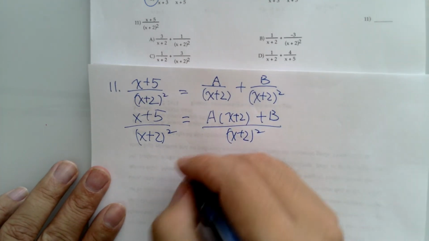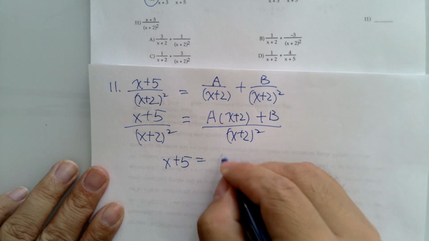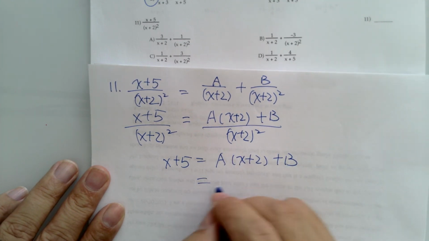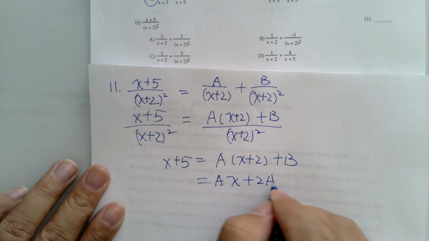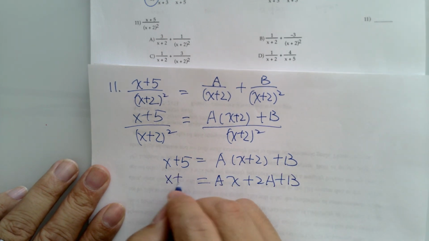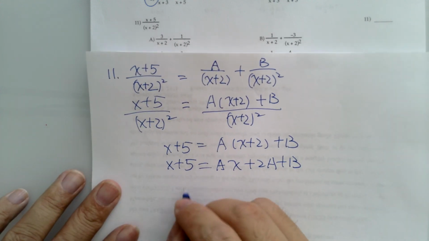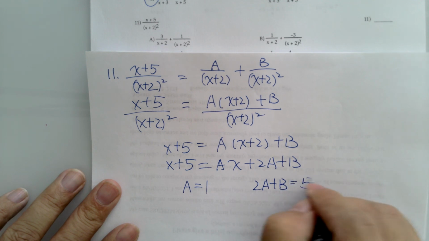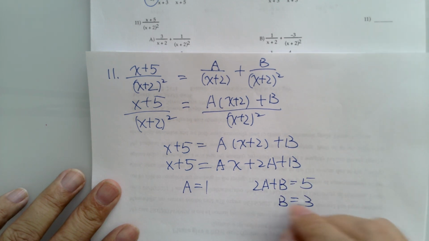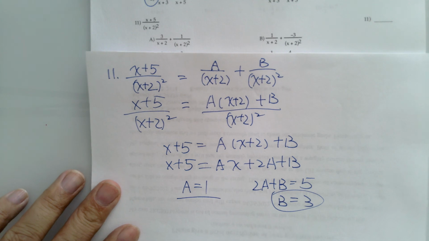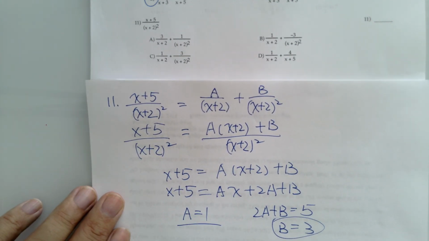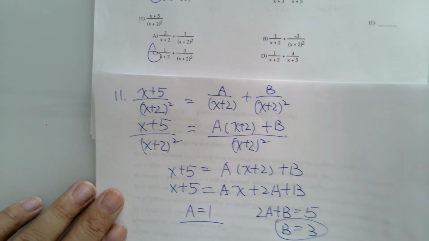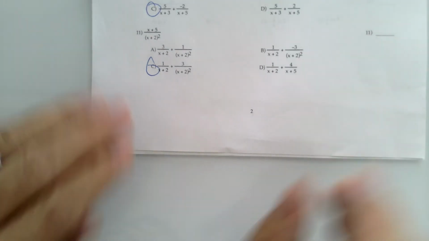Hence, x plus 5 equals A times (x plus 2) plus B. That is Ax plus 2A plus B equals x plus 5. Easily you can get A equals 1. So it's 2A plus B equals 5, so B equals 3. Simple. So the answer should be C, right? That's number 11.